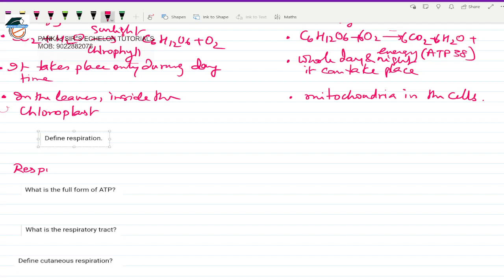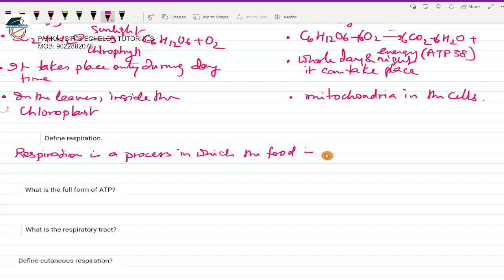So here we are. Definition of respiration. The answer will be: respiration is a process in which the food is oxidized to produce carbon dioxide, water, and energy.